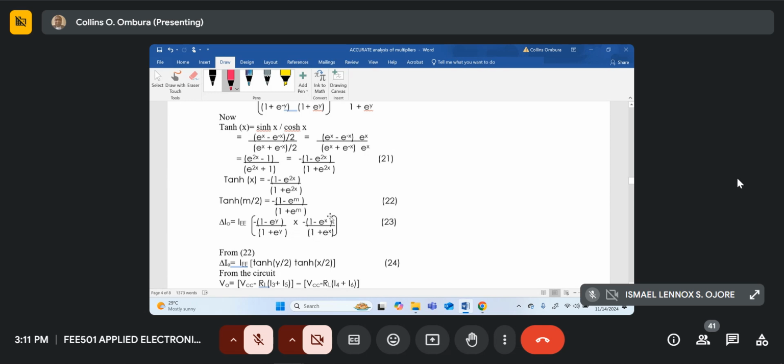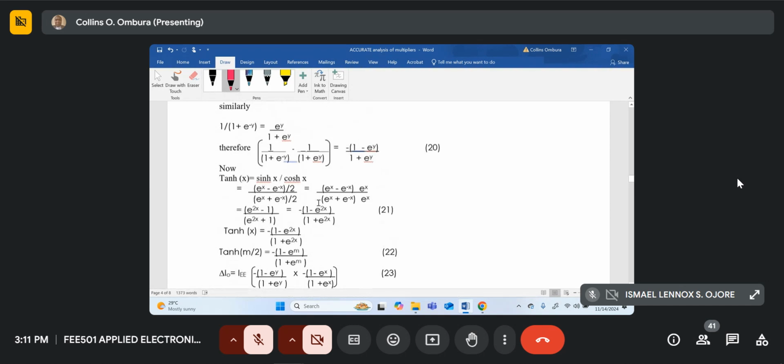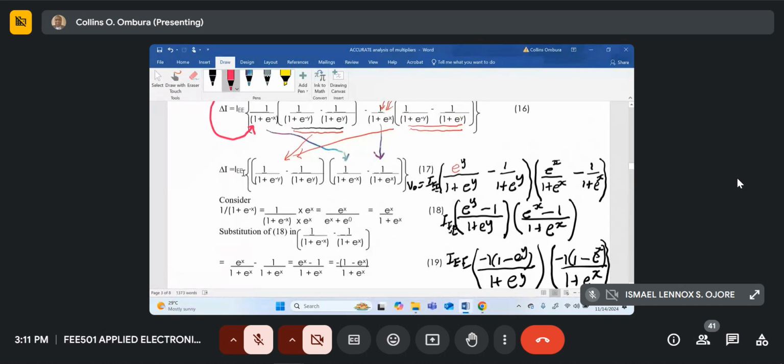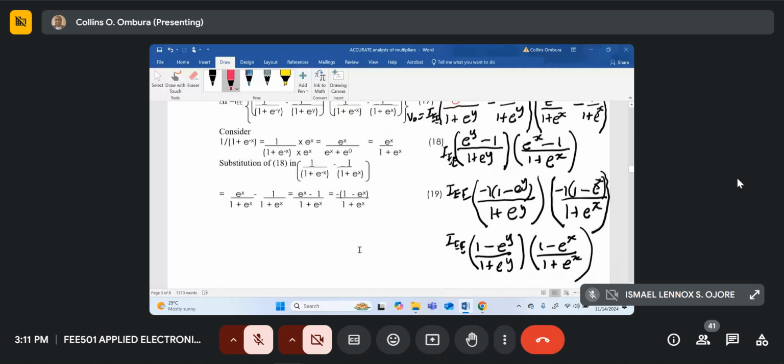Now, this equation 22 is very important because we're going to use it. Now, the differential current, which is all these things, this is the differential current, equation 17. Remember, this was equation 17. The differential current is IEE into all this bracket, and we've simplified this bracket.